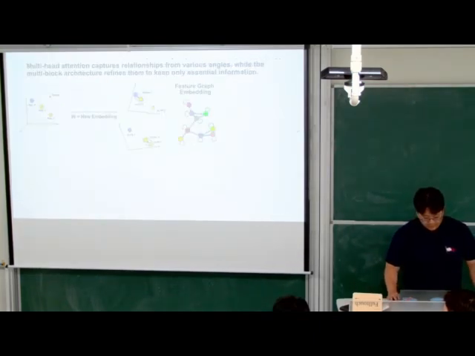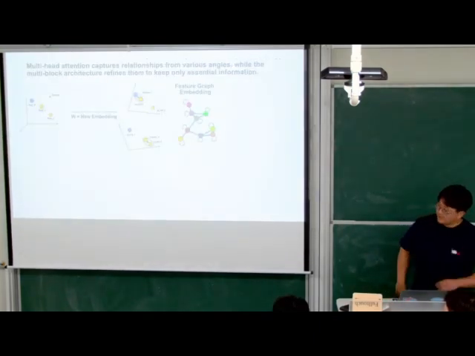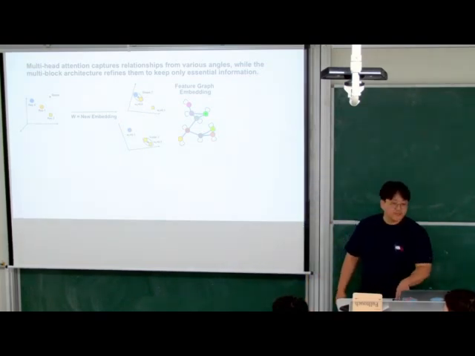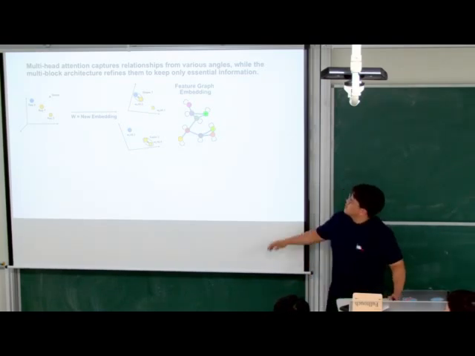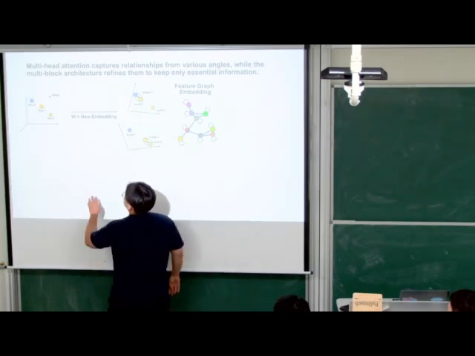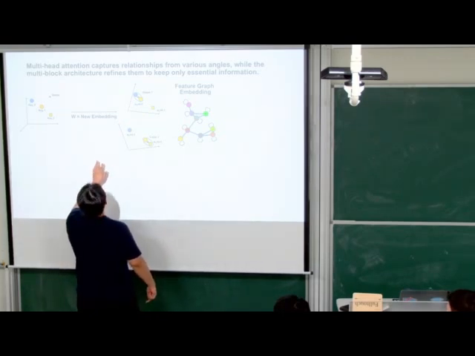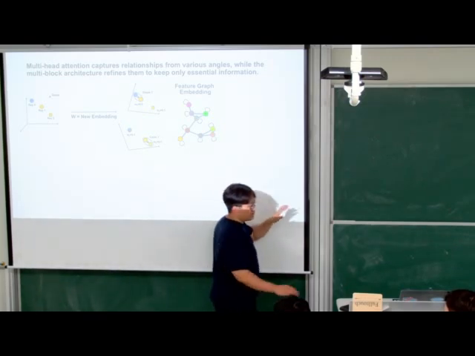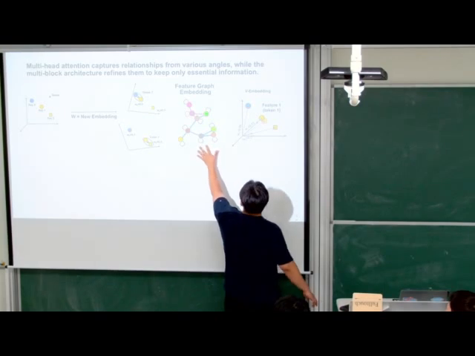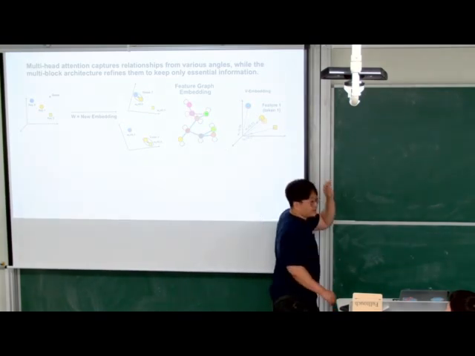Okay, so we learned about the meaning of the embedding in the self-attention structure. After obtaining the feature graph using the query WQ and WK, we will update using this structure and the V embedding.